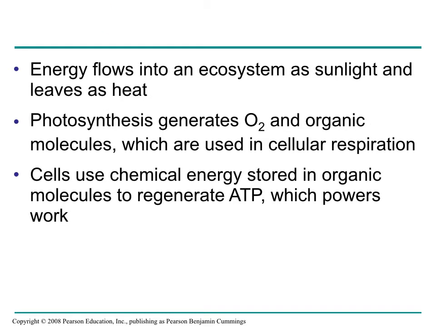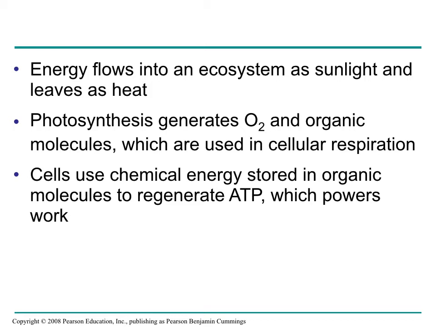Energy flows in an ecosystem as sunlight and leaves as heat. We've talked about this in the previous chapters, but photosynthesis generates oxygen and organic molecules such as sugars, which are then used in cellular respiration. Cells use chemical energy stored in organic molecules such as glucose, which are generated through photosynthesis, to regenerate ATP, which powers work.